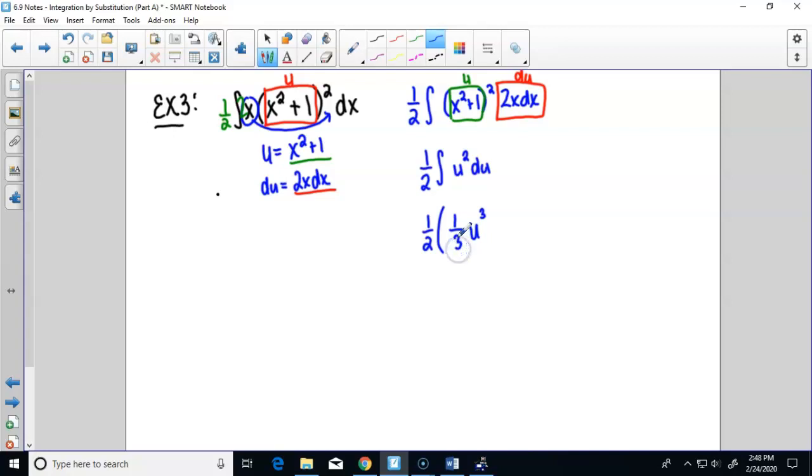Yes, very good. Right, and then we would also put a plus c out here on the end. We just always put a plus c when we do a general integral. Okay, very good.